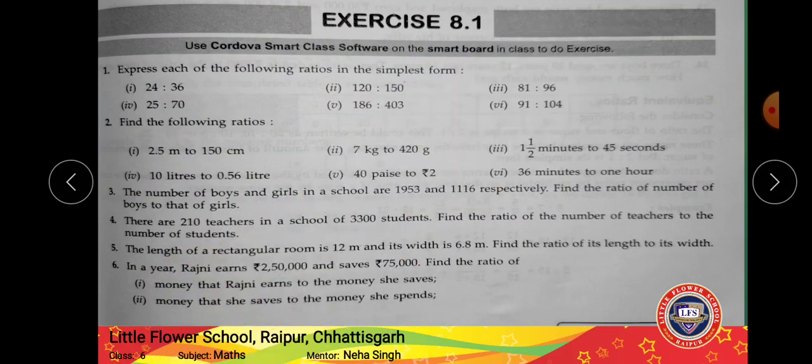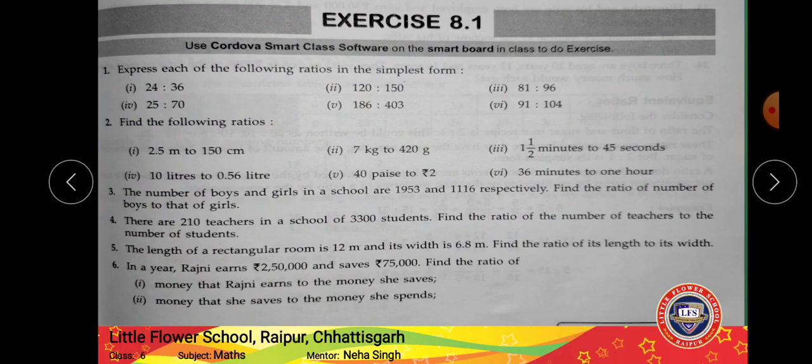So coming to the exercise first, 8.1: express each of the following ratios in simplest form. The first ratio is 24:36. Now how can we express it in simplest form?